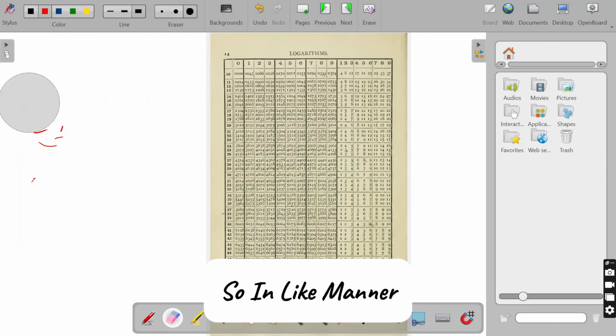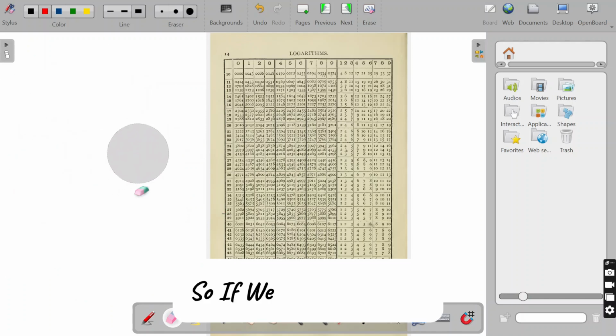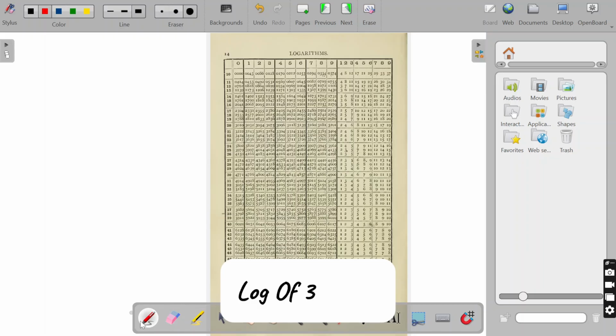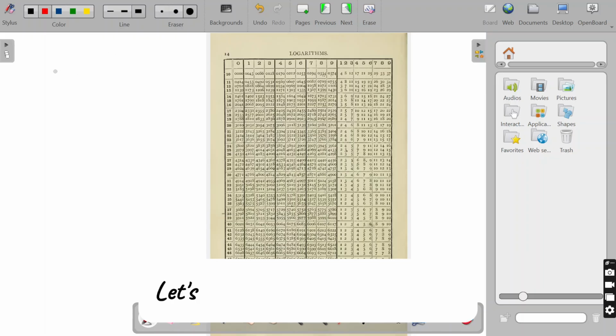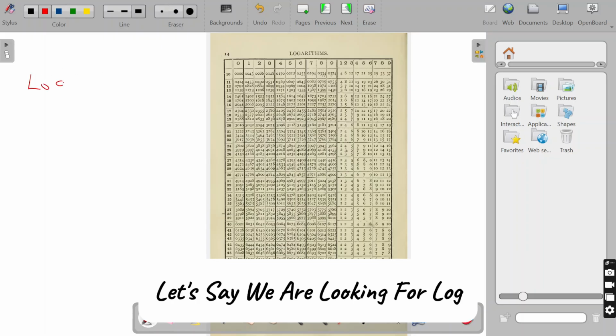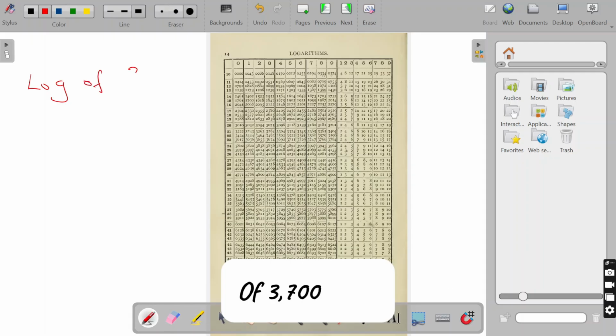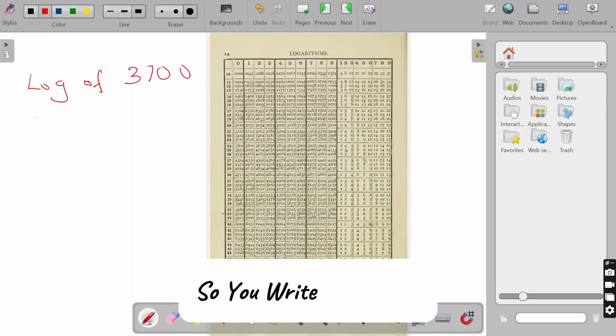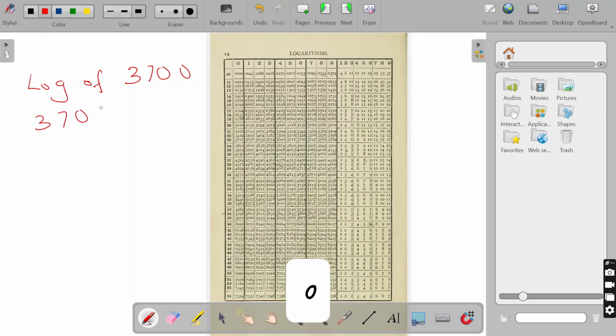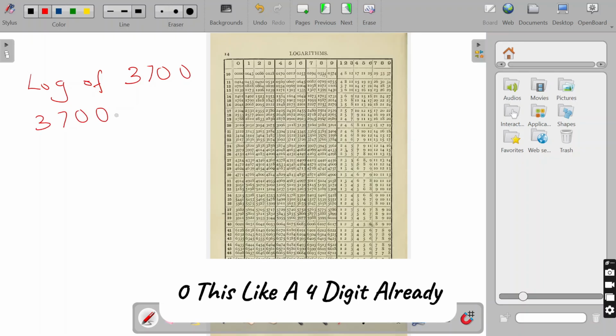So in like manner, if we are looking for log of 3700, you write it like 3700. This is a 4-digit number already, and just point zero.